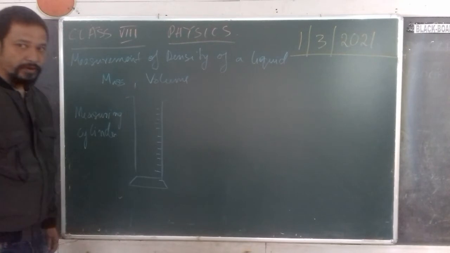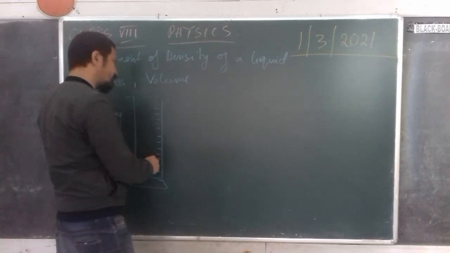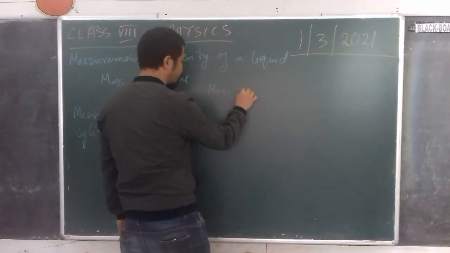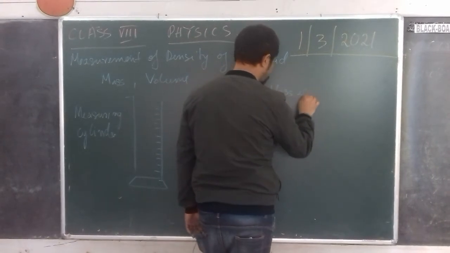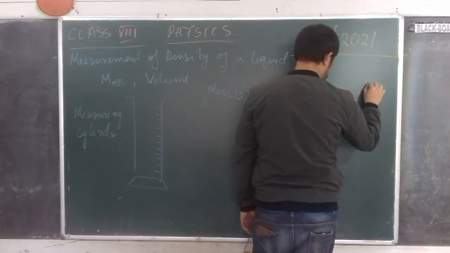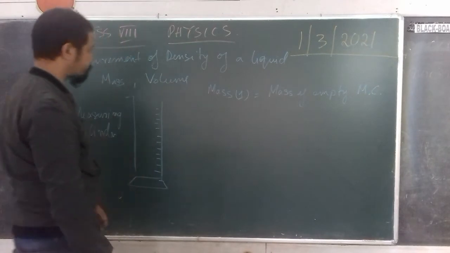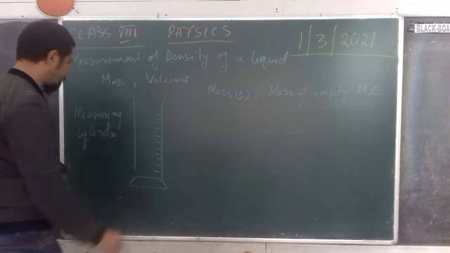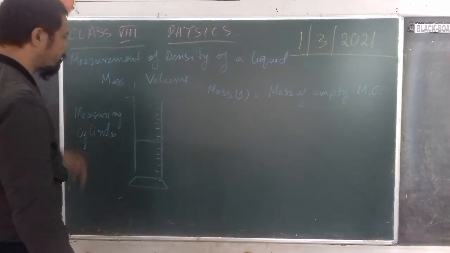Now you take the mass of the empty cylinder. So mass 1 will be mass of empty measuring cylinder. I'm writing it in short. Next you need to fill this measuring cylinder with the liquid.